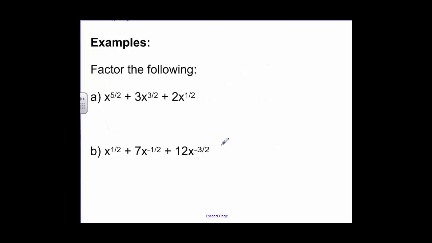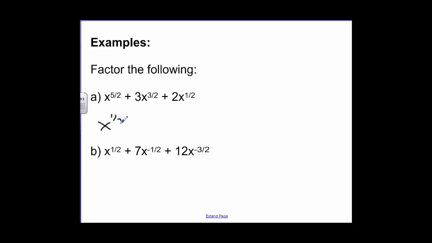So rationals means we might have some exponents that are fractions. And I'm actually going to ask you to factor these. So one of the things you can do, though, is you can factor out a rational exponent. For example, there is actually something in common in all of these terms. Yes, they all have an x, but more than that, they all have x with at least a 1/2 as part of it.